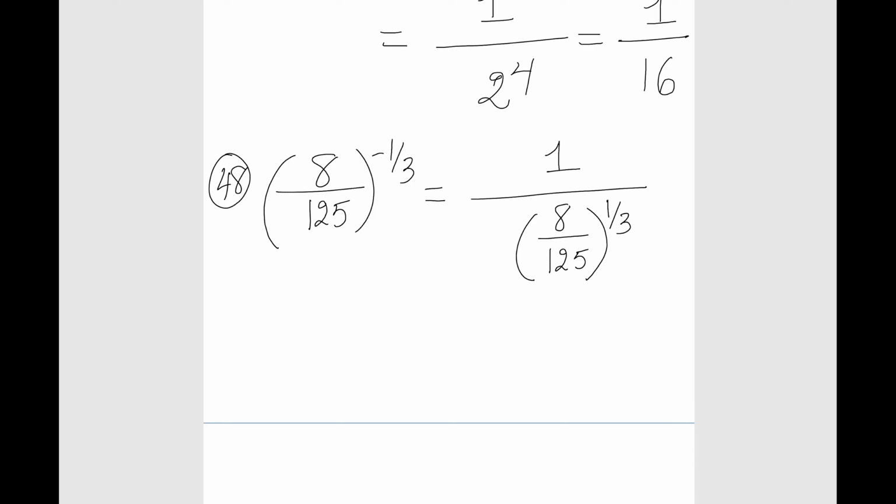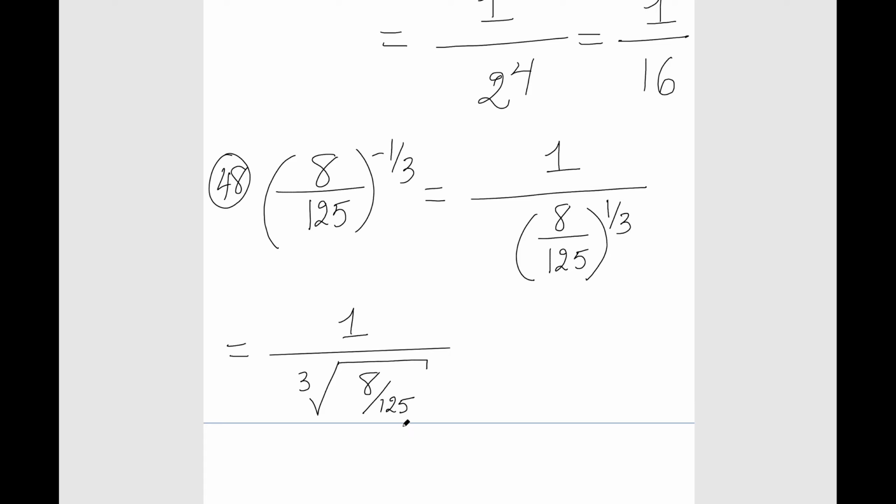Let's focus just on the downstairs. So this is 1 divided by the third root of 8 over 125. What's the number downstairs? It's a number such that if you take its third power, you pick up 8 over 125.